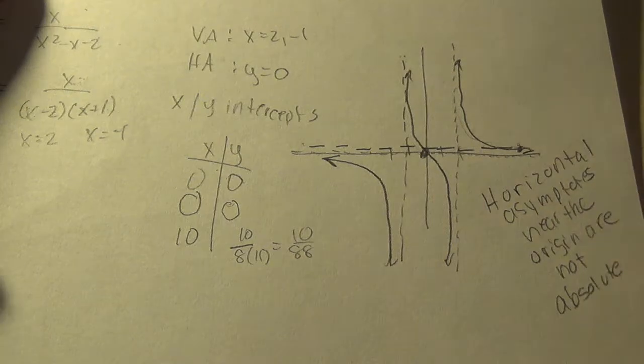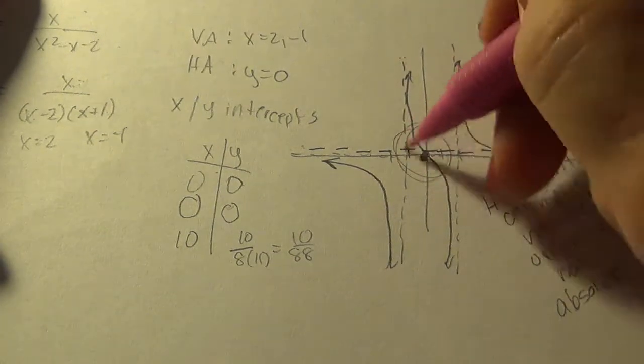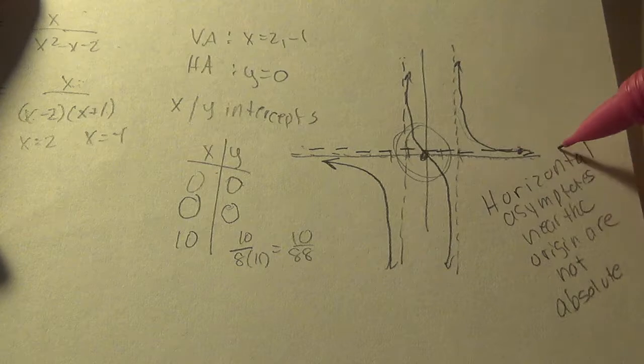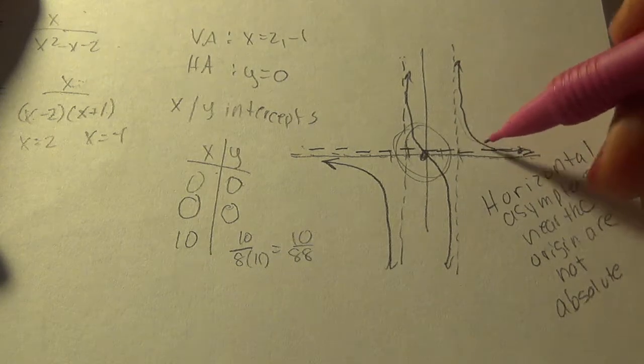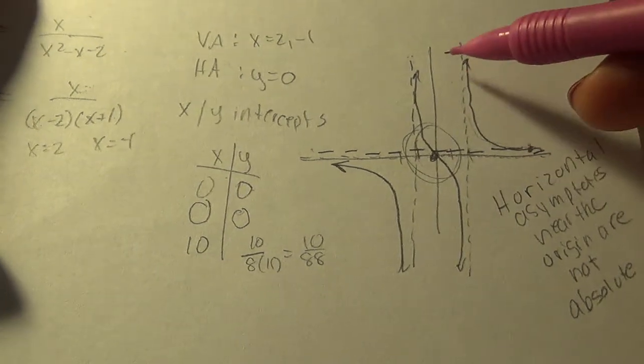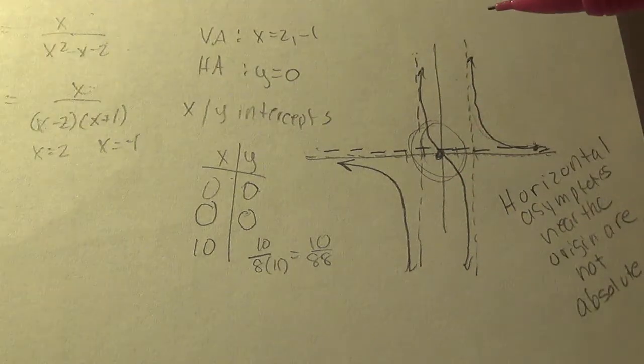They're not very strong. You can cross them if you're in this area. If you're out here, you may not cross a horizontal asymptote. Vertical asymptotes are absolute. You never cross or touch them under any circumstances.